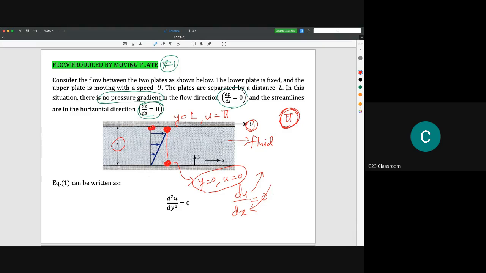Because this molecule sticks very hard on the surface here, because there is a no-slip condition at this location.